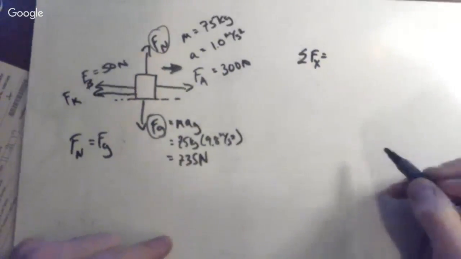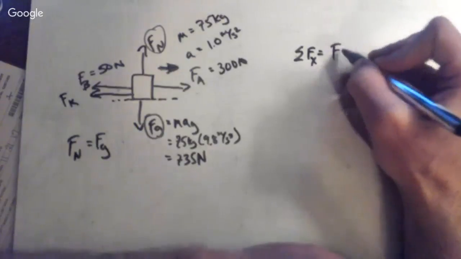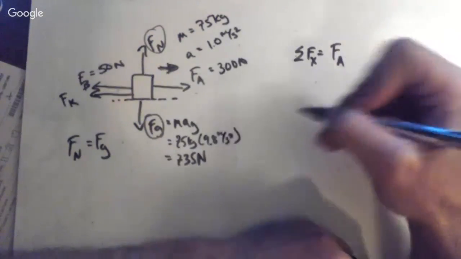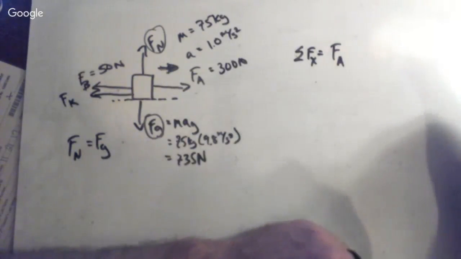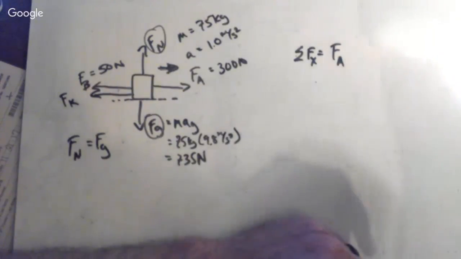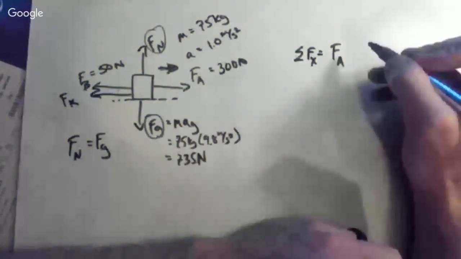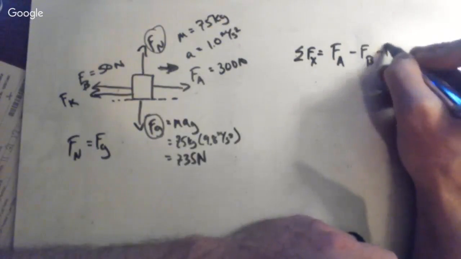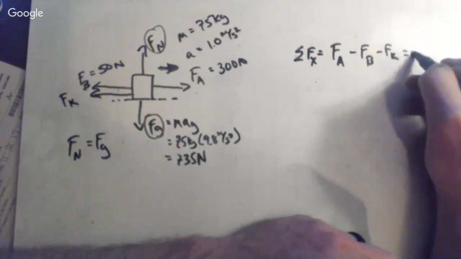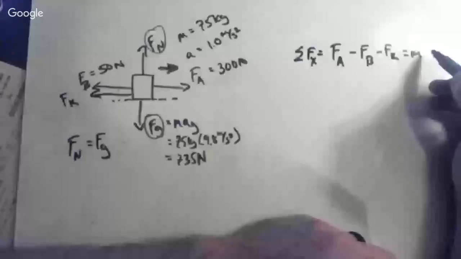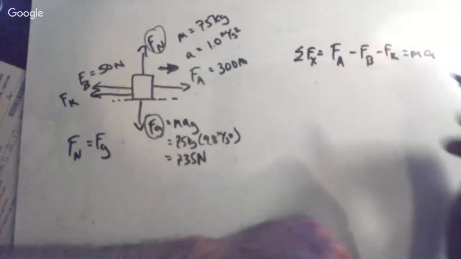Summation of forces along the x direction. We have Fa headed in one direction, and the other two forces, Fb and Fk, are both headed in the other direction. So minus Fb minus Fk equals mass times our acceleration, where our acceleration is 1 and our mass is 75.